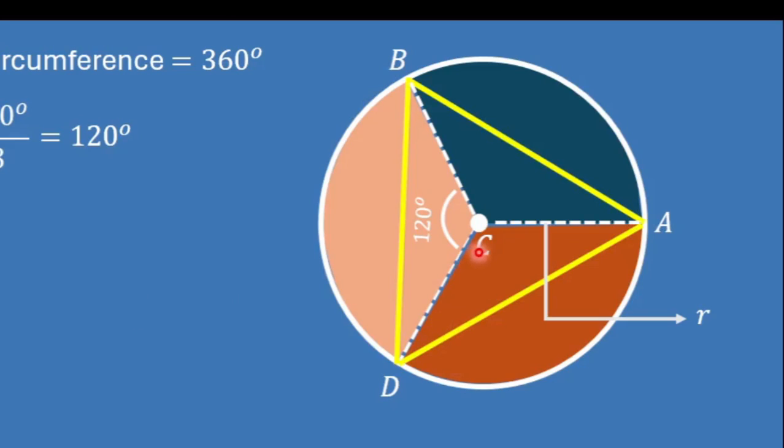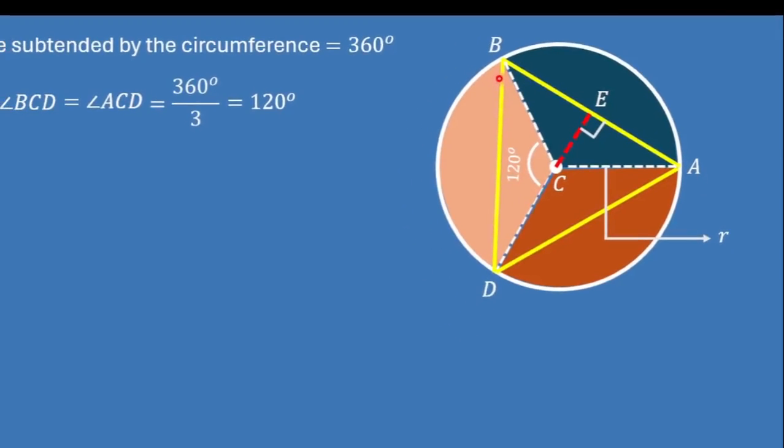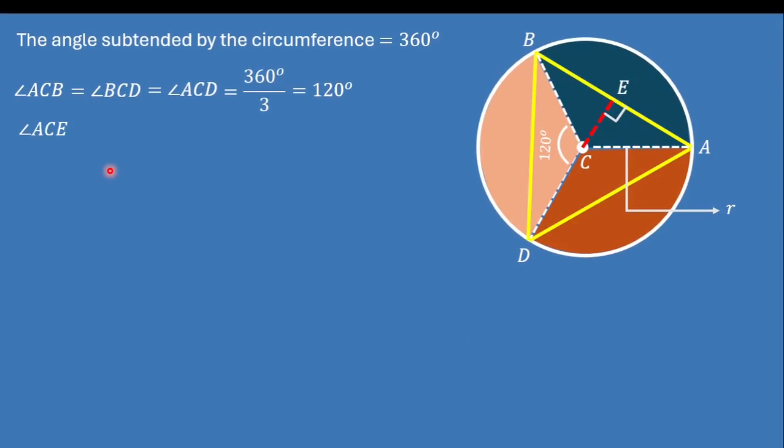Now if I drop a perpendicular bisector from C on side AB and I denote the point with E, then the angle subtended by E with AB is 90 degrees, and since this is a perpendicular bisector, the angle ACE is half of the angle ACB. That is, I can write angle ACE equals half of angle ACB.